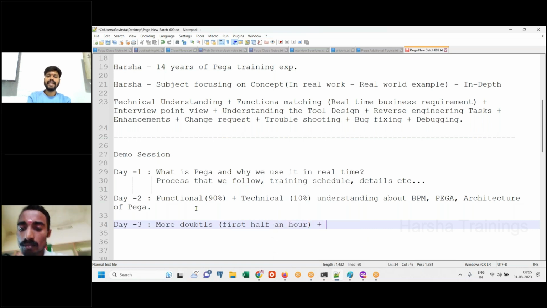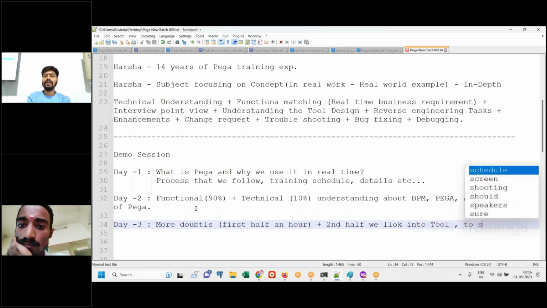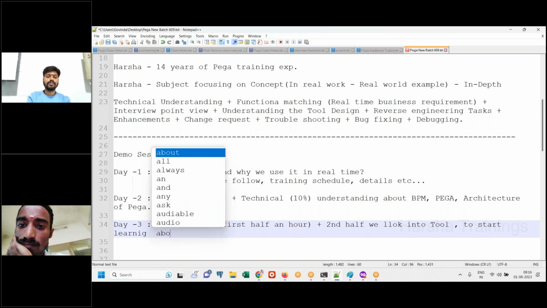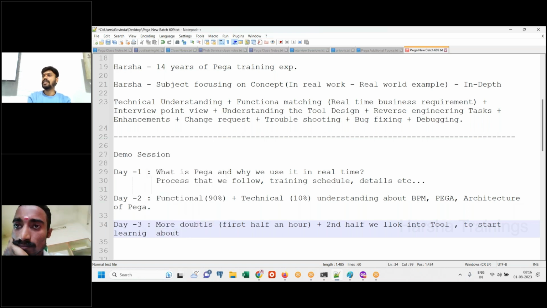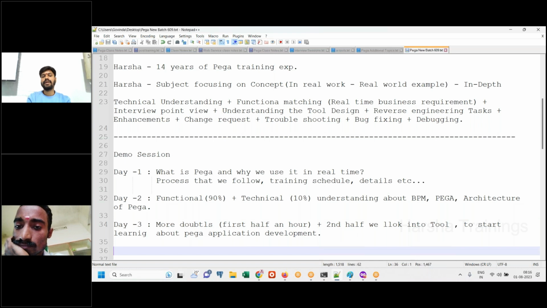Then we have second half an hour, right? So second half, we look into the tool to start learning about Pega. So day 3, your classes will start. Second half onwards, application development.